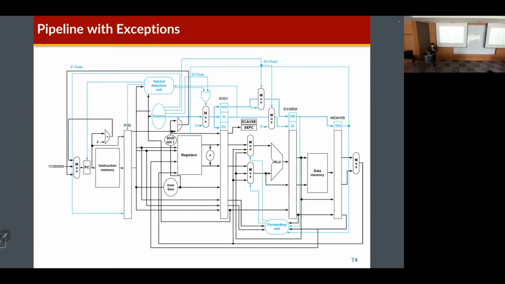Also, we need to cancel some instructions that cause exceptions. In order to cancel instructions, as we already learned, we can change all control signals of this instruction to zeros, right?